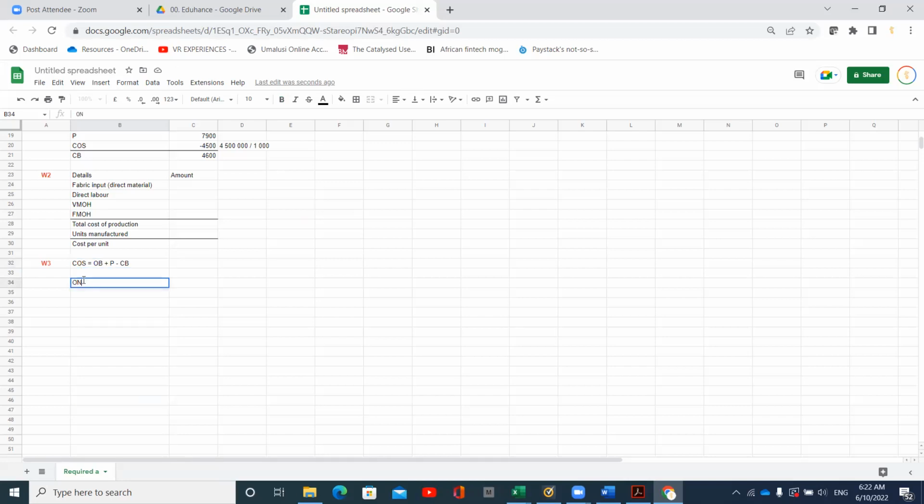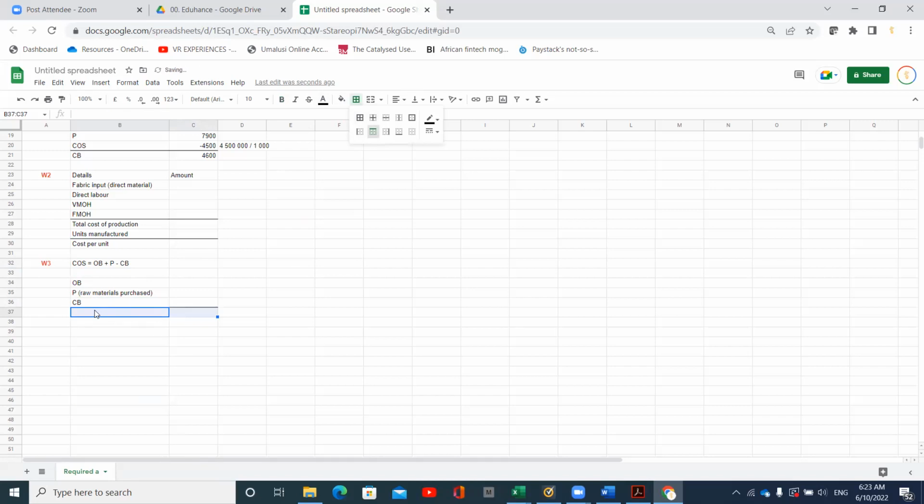So opening balance and then purchases. So this is raw materials purchased, then it's going to be minus closing balance, and that will give us raw materials used.